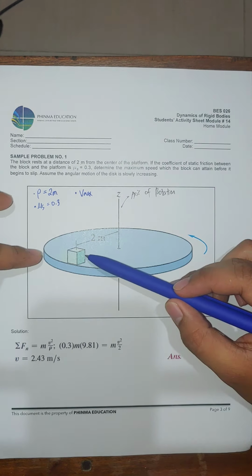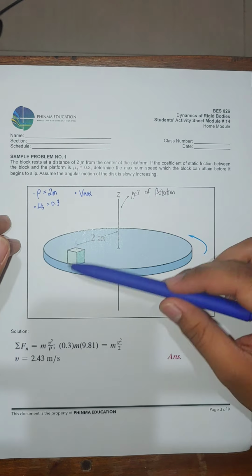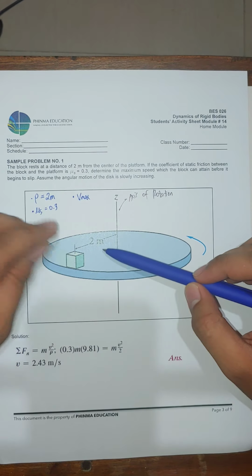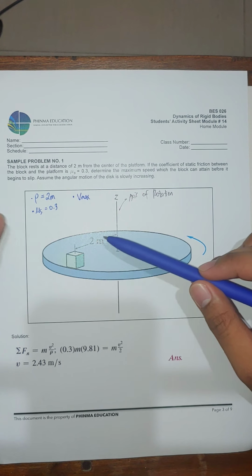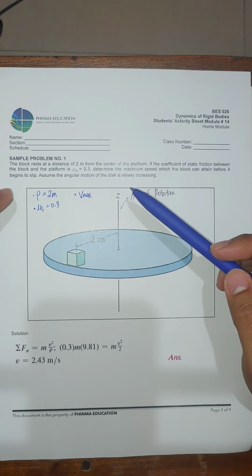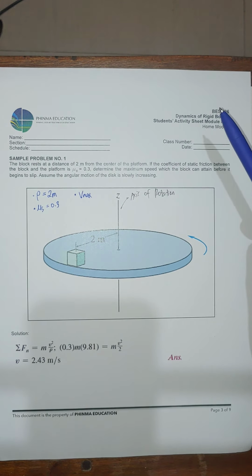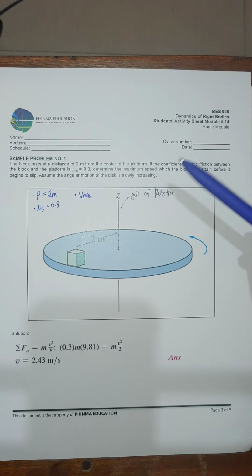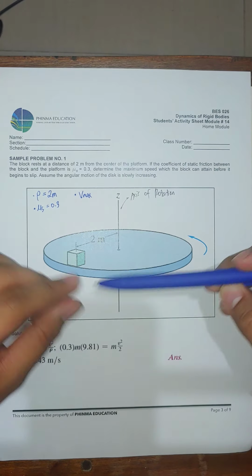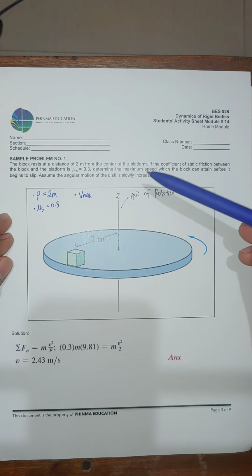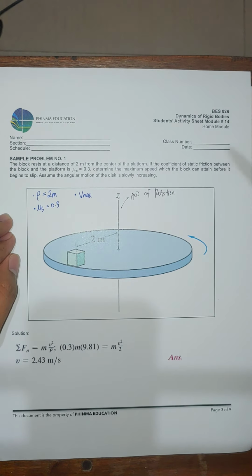Here, the object is stationary, it is rotating but not being pushed or moved relative to the platform. The maximum value of the coefficient of kinetic friction should be equal to the coefficient of static friction.